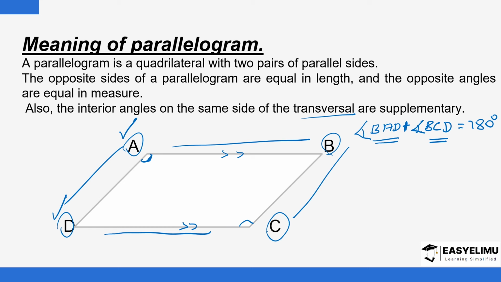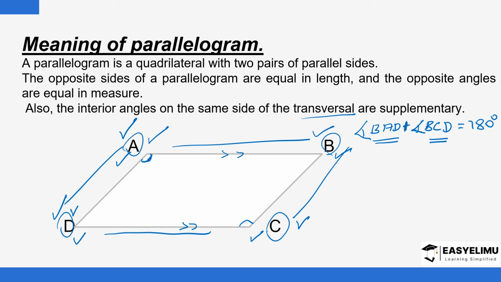So we want to see how you can find the perimeter of a parallelogram. Previously we discussed perimeter and said the perimeter is the distance all around a given figure. For example, you talk about A to B, that length you add to the length B to C, and then you add the length C to D, and finally the length D to A. The distance all around this figure is what we term the perimeter.